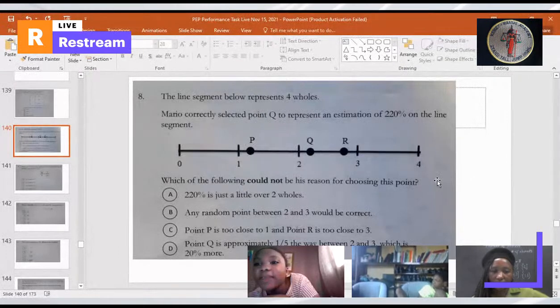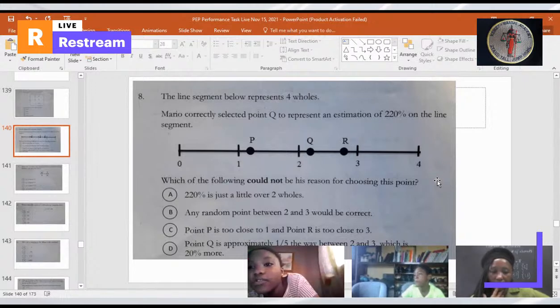The line segment below represents 4 wholes. Mario correctly selected point Q to represent an estimation of 220% on the line segment. Which of the following could not be his reason for choosing this point?